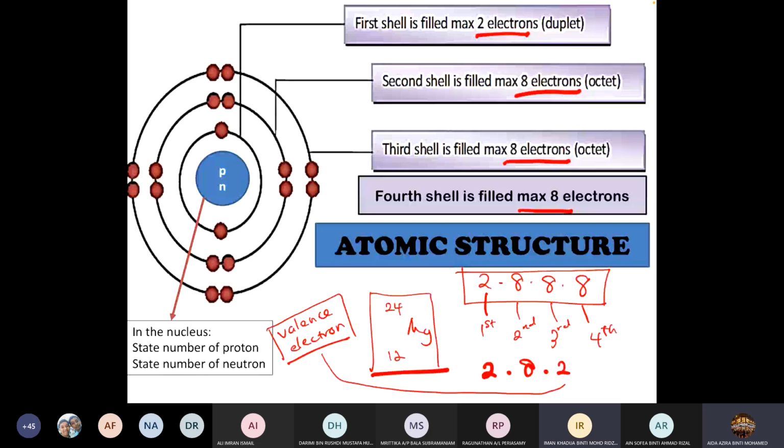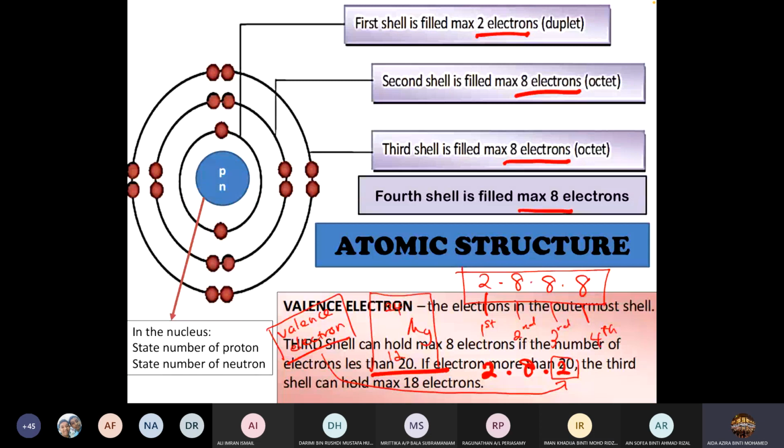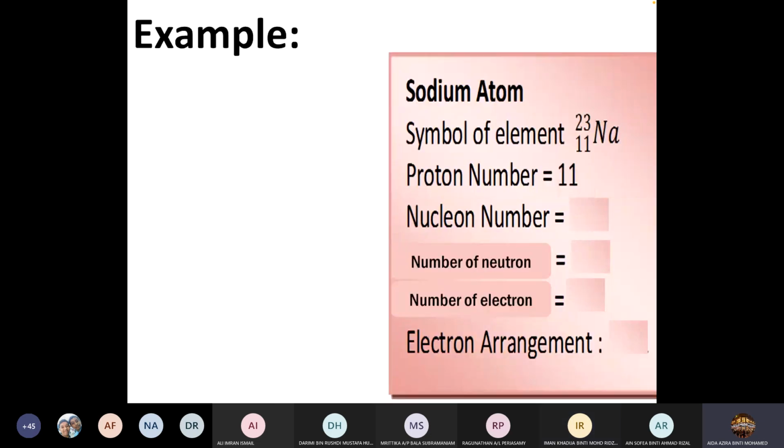Later I will share the notes with you guys. So we do just one example. For the sodium atom, what is the electron arrangement for sodium, given the proton number?